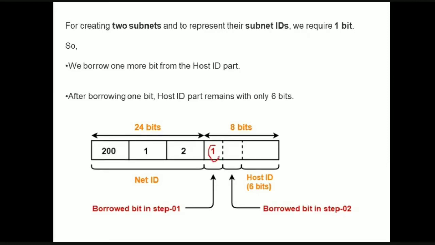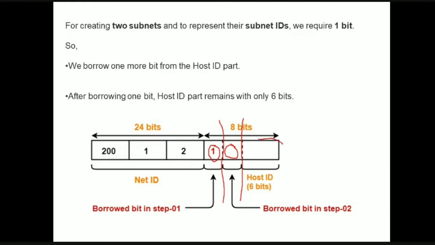This is the borrowed bit for dividing the whole network into 2 subnets. Now step 1 is completed. Now in the second step, what do we do? Again, we borrow another bit from here, right? Up to here, we divided the network into 2 parts. Now again, the second part we want to divide again into 2 parts. For this reason, we take this bit also. Okay, you understood.